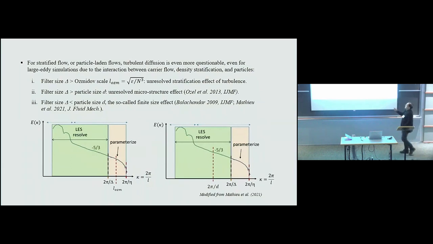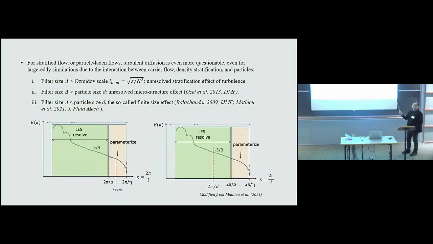For example, in some coastal applications, it is sometimes impractical to use a filter size, which is usually your grid size, that's close to the Ozmidov scale. So in this case, if you use simple diffusion for your subgrid closure, you may not be able to capture the subgrid stratification effect. For particle-laden flow, you have two possibilities.